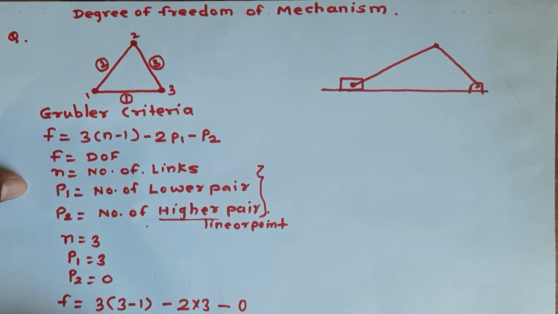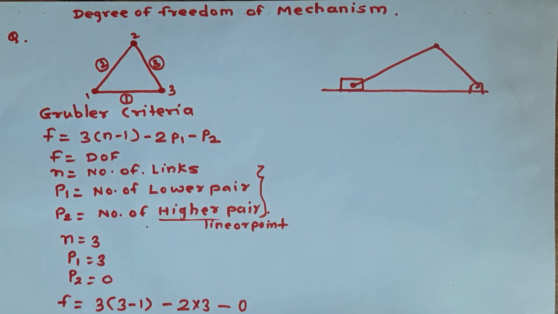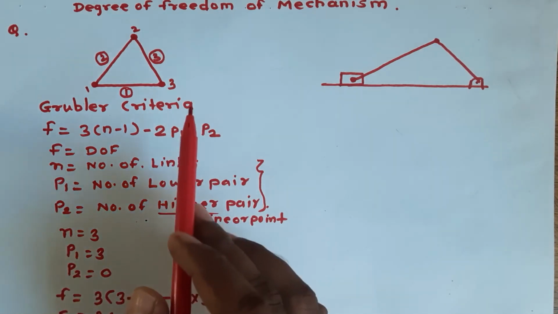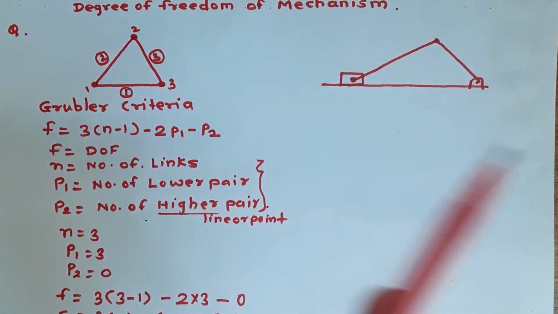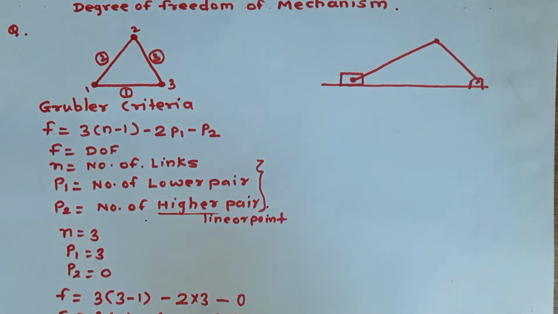So we can find the degree of freedom directly: 3 into 2 minus 6, so 6 minus 6, that will become 0. So the degree of freedom of this mechanism is 0. The mechanism which has degree of freedom 0 becomes a structure, so there will be no relative motion between those three links.